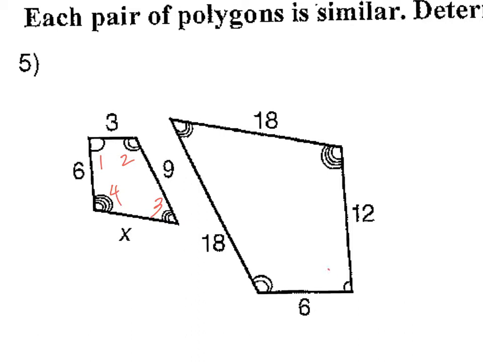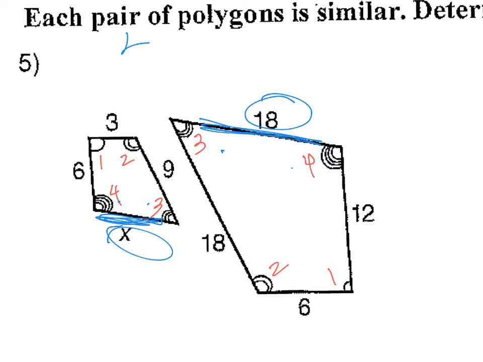And on my bigger image, I've got 1, 2, 3, 4. So let's set up these proportions. We're solving the missing side, so we have to pick this side of x, which is between 3 and 4. So let's look at our bigger image. What's between 3 and 4 over here? 18. So left to right, I'm going to do x over 18.